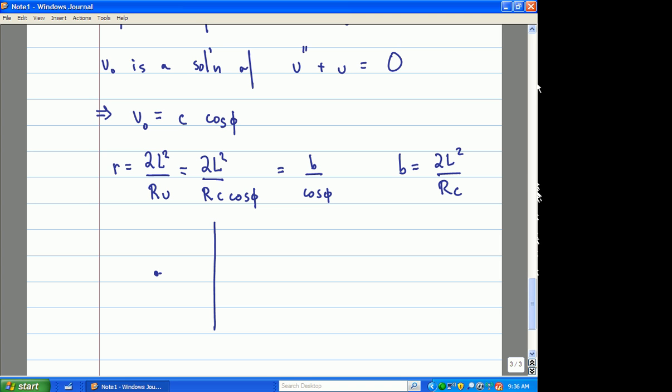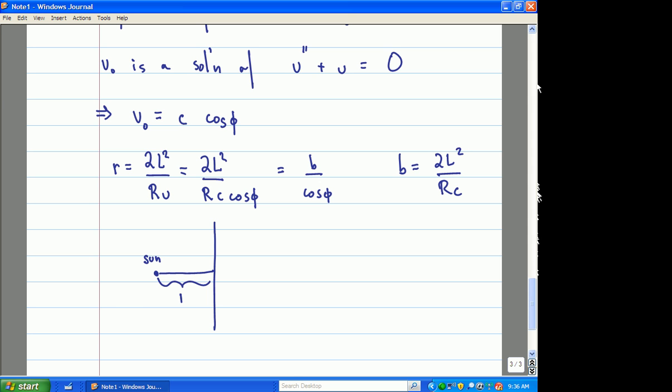So, for example, if you are studying the motion of light rays moving near the sun, then the sun would be at r equals 0. And the parameter b that I defined here has a simple physical interpretation.